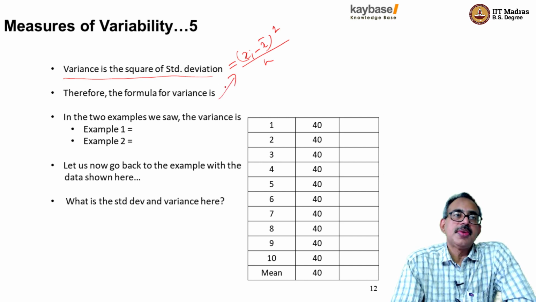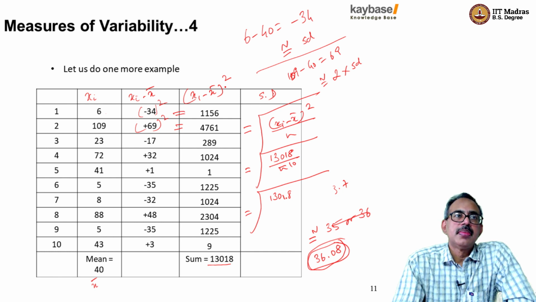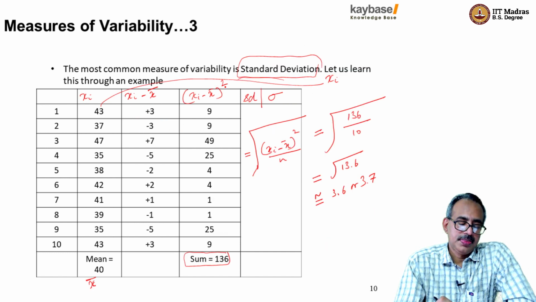So in the two examples that we saw, example one, what is the variance? The one with the first example for which we worked out standard deviation. It is 3 point something squared. 13.6.